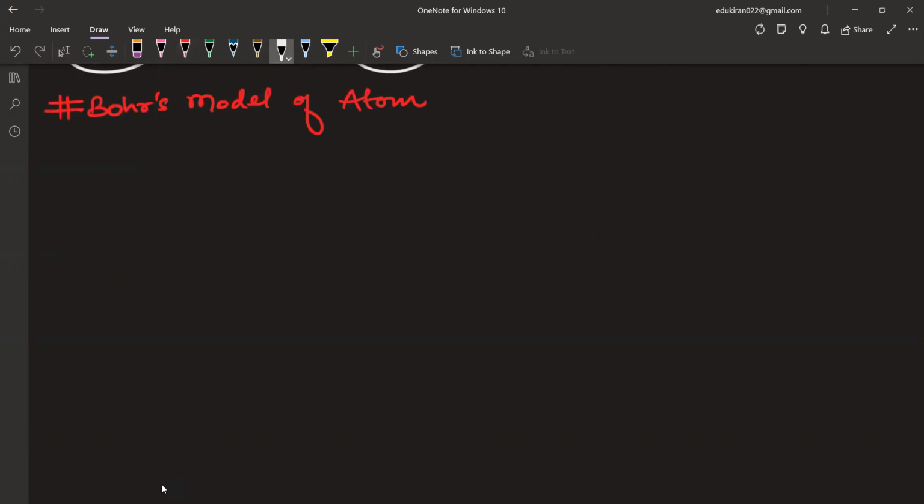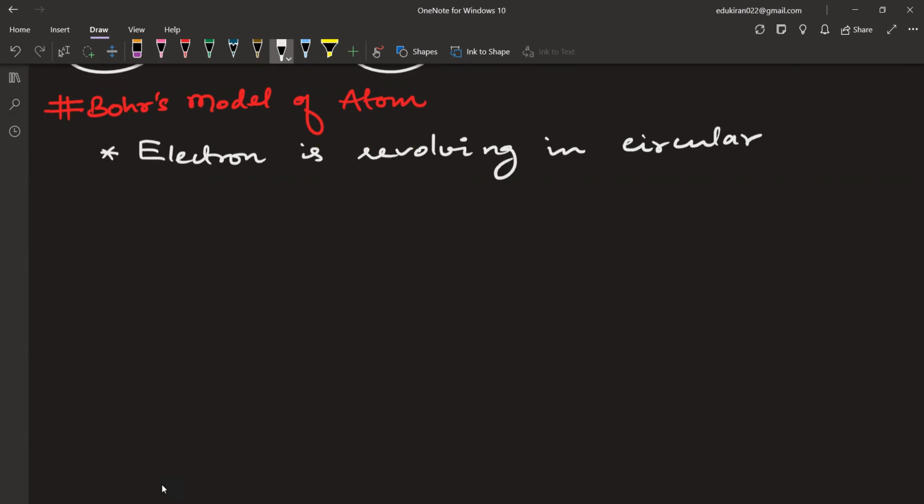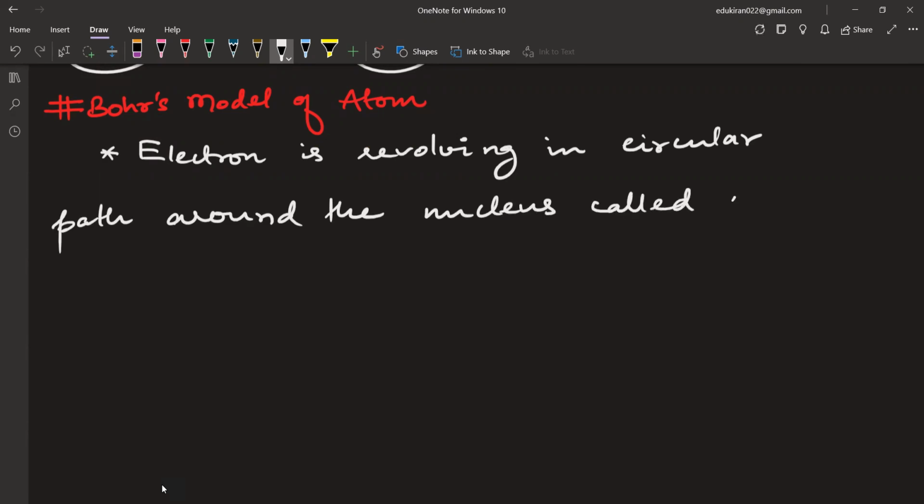Electron is revolving in circular path around the nucleus, called orbit. That means this circular path is called orbit, or it is known as shell, or it is known as energy level.